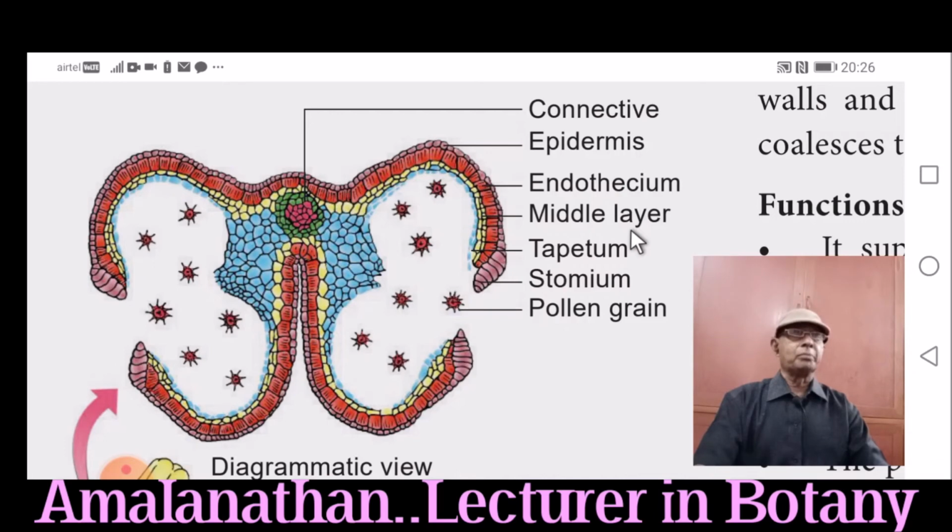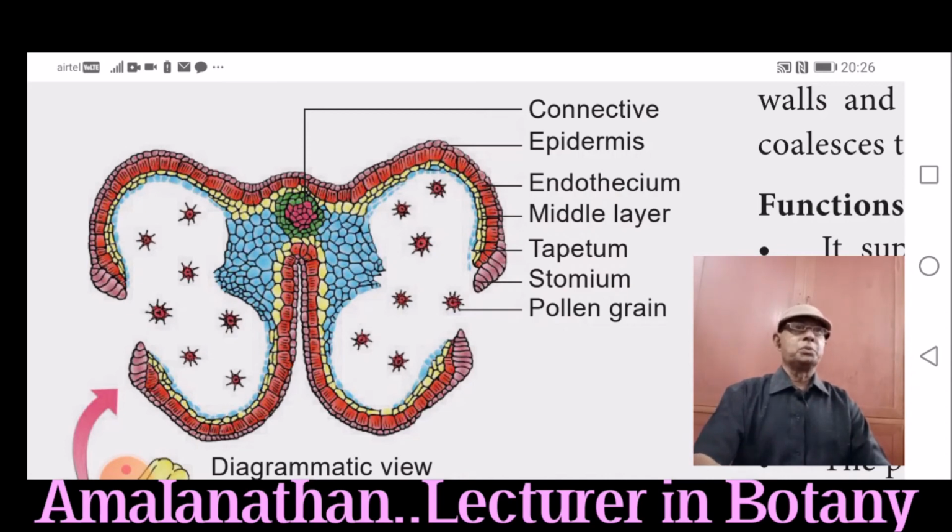Lipidic component means made up of lipid present on the surface of the pollen grain. That can be seen in the case of Raphanus. In Raphanus, the outer surface of the pollen grain contains a fibrous granular structure and it is lipidic component, that is the tryphine. Tryphine can be seen very clearly in Raphanus.